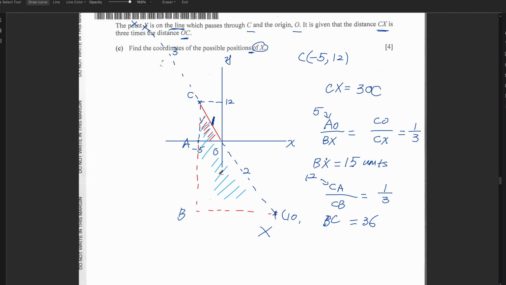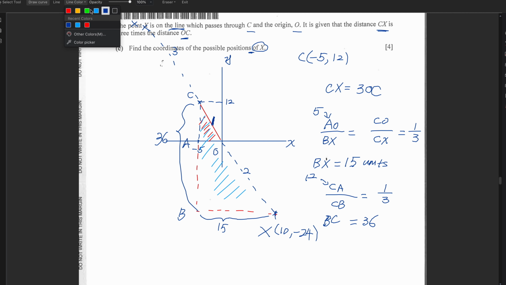So my BC is 36. Therefore, if this is 36, this is 15. We have this point as, let me erase this, 10 and 12 minus 36. I'll get −24. So this is the first possible coordinate.